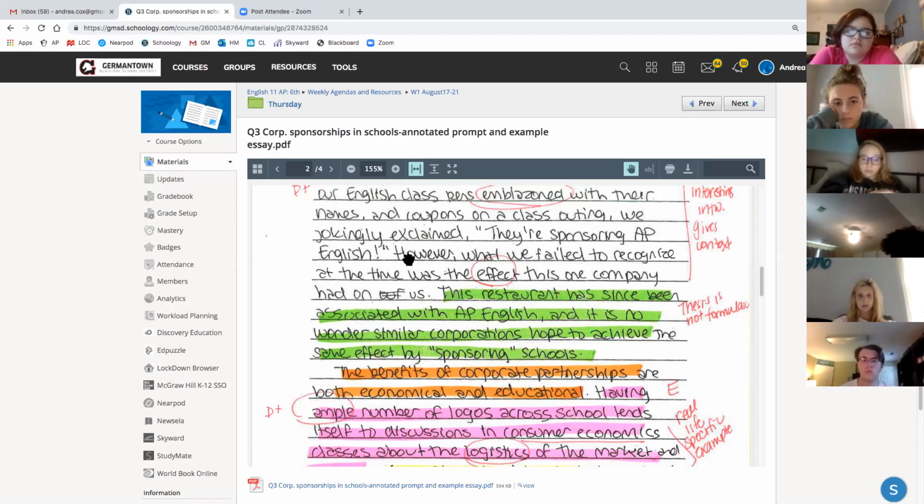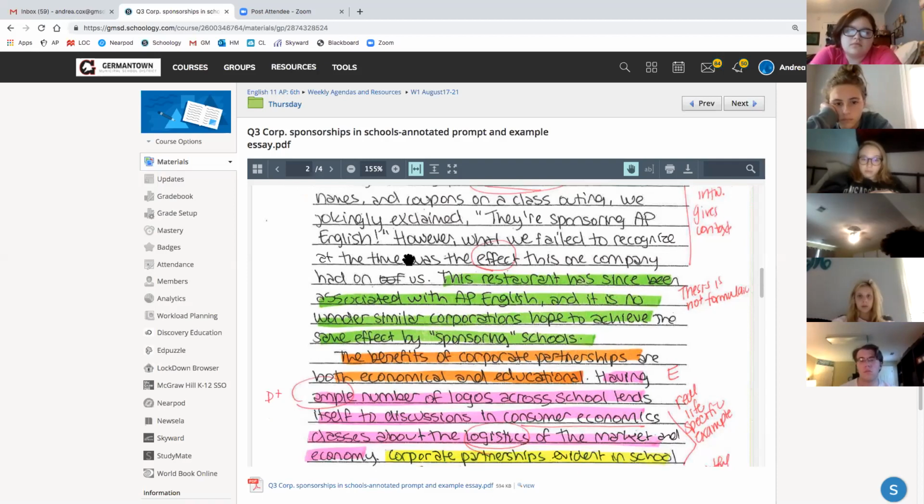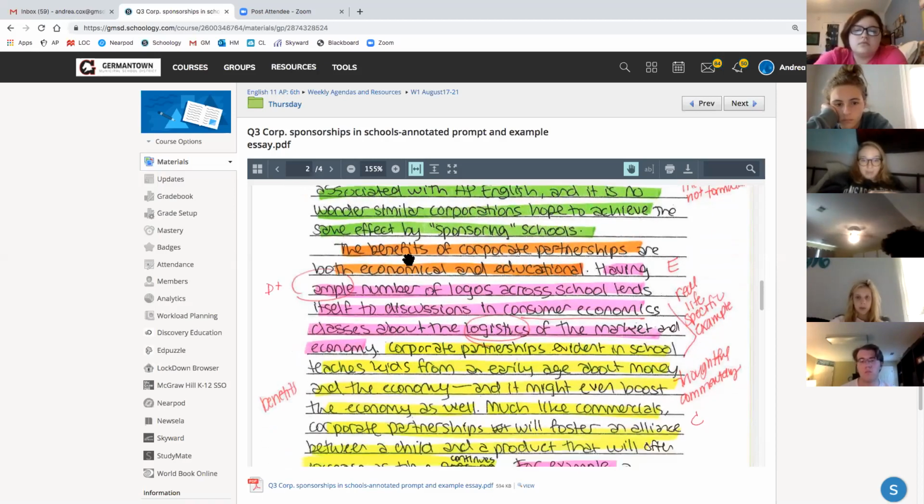Great intro paragraph. Now, my claims are orange, my evidence is pink, and my commentary is yellow. "Benefits of corporate partnerships are both economical and educational." Solid claim, right?